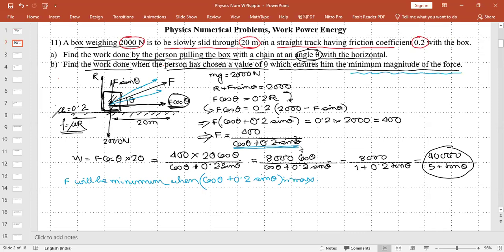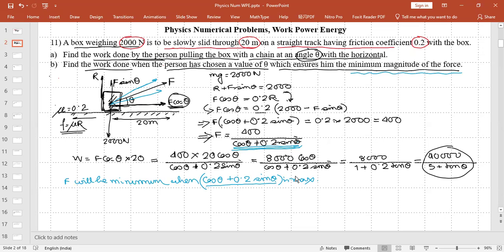This happens for minimum also, but then the double differential is positive or negative and such complexities are there. But it is not so difficult. Here, we differentiate cos theta plus 0.2 sin theta with respect to theta, and equate that to zero to find the value of theta, right?